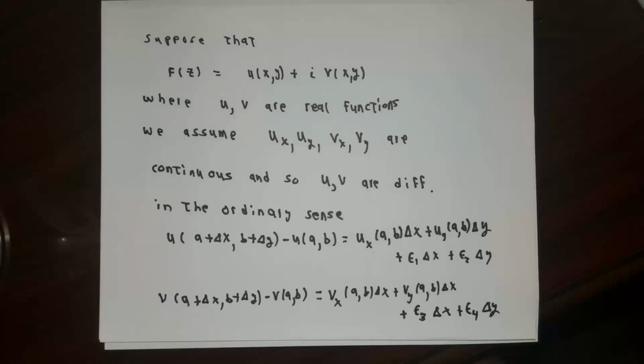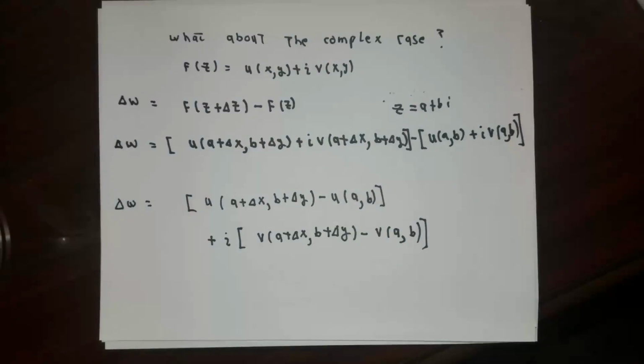The epsilon 1, epsilon 2, epsilon 3, and epsilon 4 tend to 0, as delta x and delta y tend to 0.